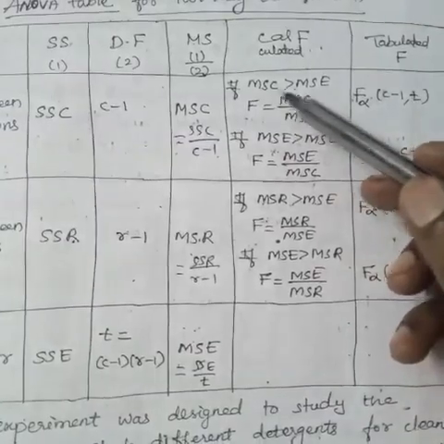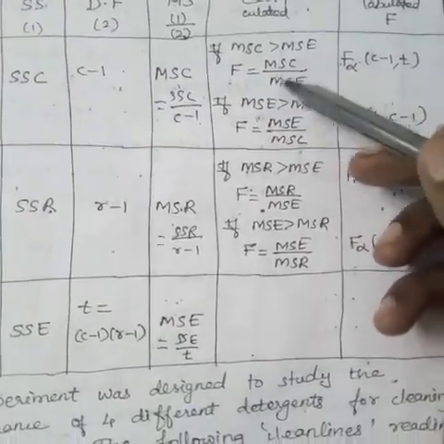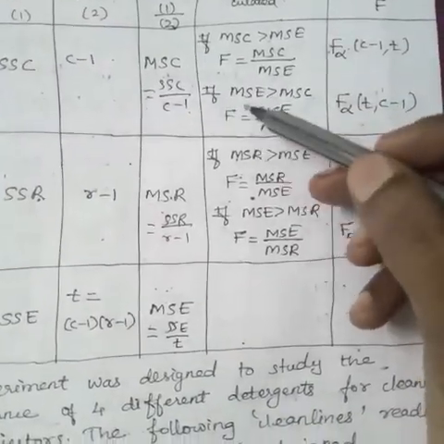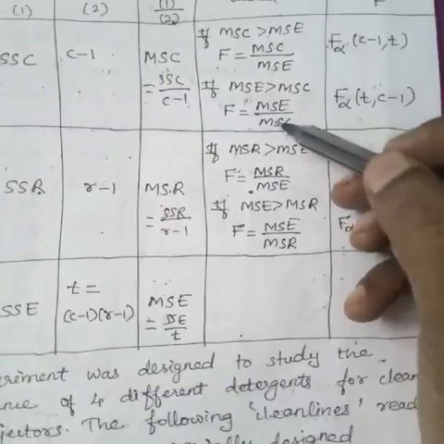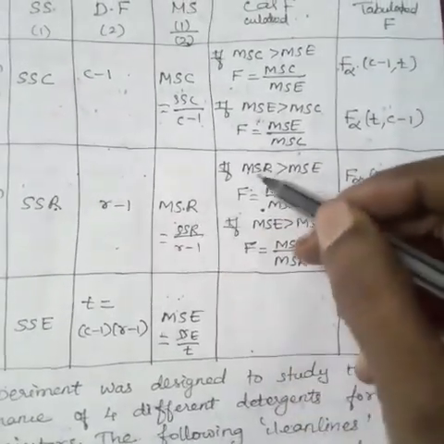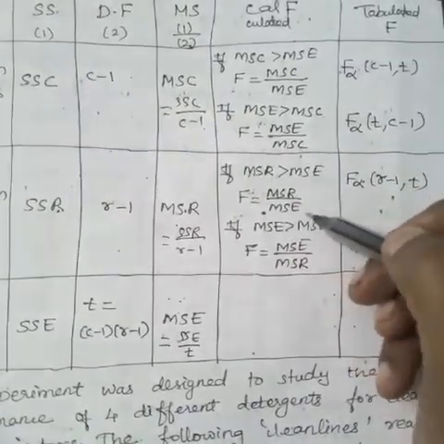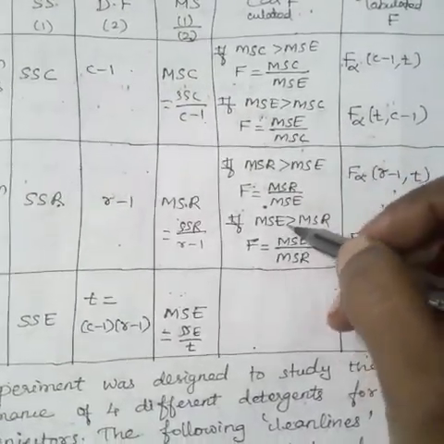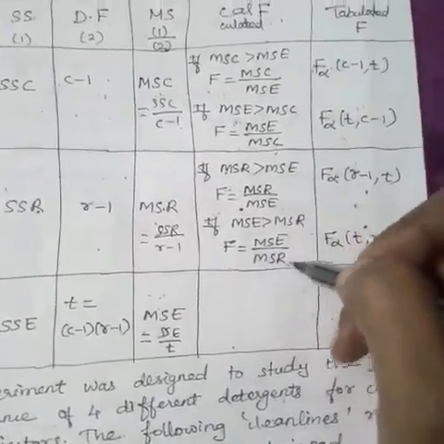If MSC is greater than MSE, F is equal to MSC by MSE. And if MSE is greater than MSC, F is equal to MSE by MSC. Similarly, if MSR is greater than MSE, F is equal to MSR by MSE. And if MSE is greater than MSR, F is equal to MSE by MSR.